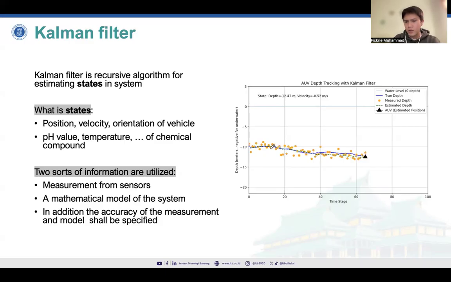So our AUV is basically at that true depth, but the measurement shows differently, which is it has noise, and every time the noise can be different. Our estimations, by doing the mathematical model and also combining with the measurements, will be somehow close to the true values, which is not aligned, but close. We still have the uncertainty, but it's close. We minimize the noise from the measurement and also our estimations.